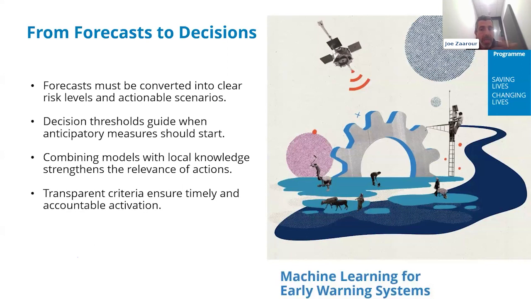Combining models with local knowledge becomes a key element in the predictive elements that we build. And not to forget to mention as well, transparency and tagging of information and decision making when it comes to organic versus synthetic data. So developing these models would require a certain degree of elements and procedures to be in place.